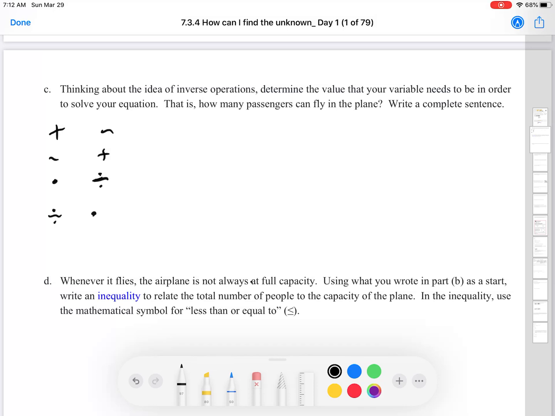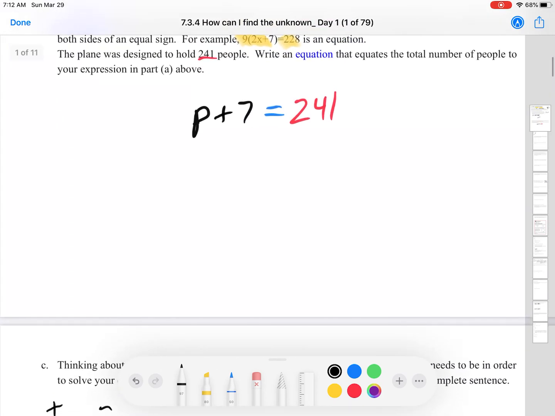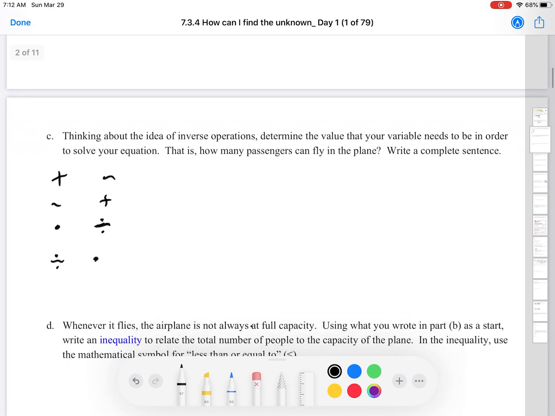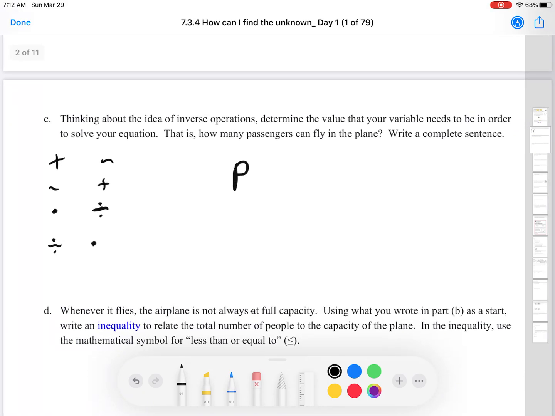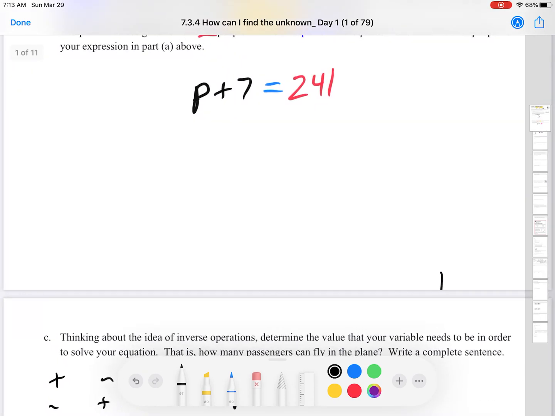So, determine what value your variable needs to be in order to solve your equation. That is, how many passengers can fly in the plane? A complete sentence. So P plus 7 equals 241. I should take a second to note that you could also write this as 241 equals P plus 7.